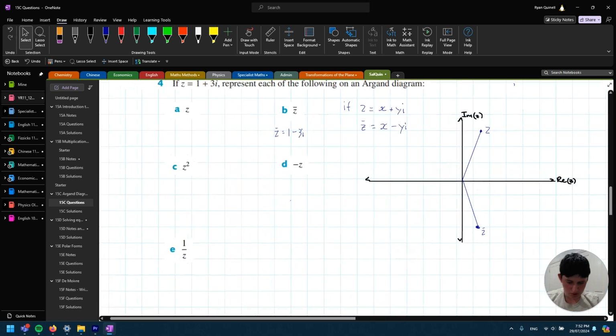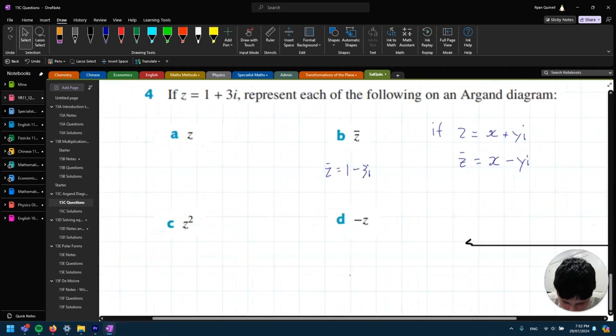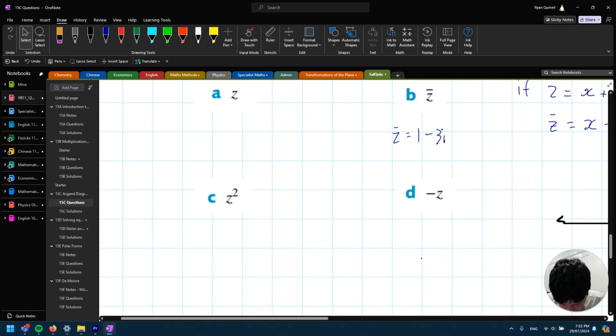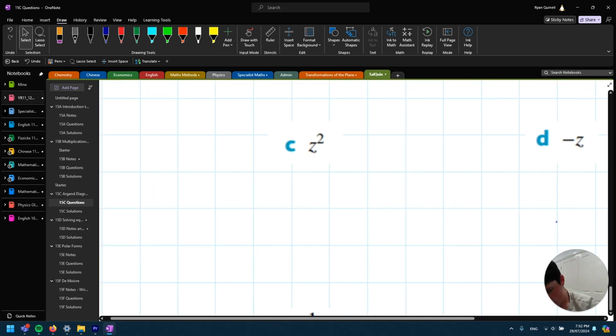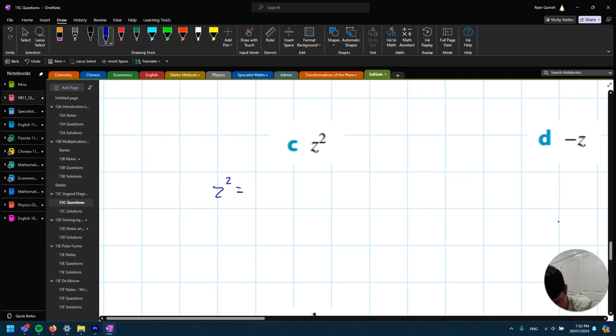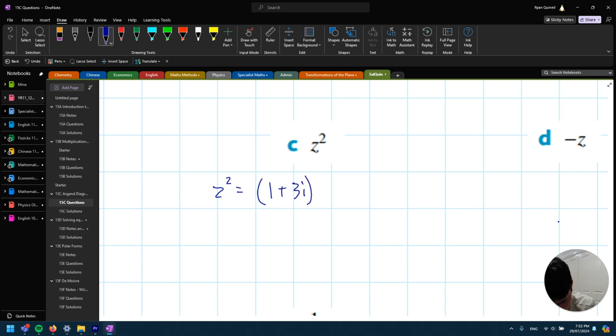This is what's called the conjugate. Now, Z squared is equal to 1 plus 3i, times 1 plus 3i.